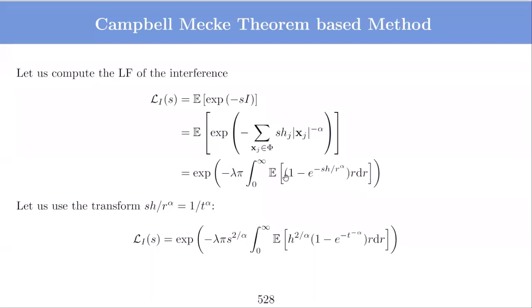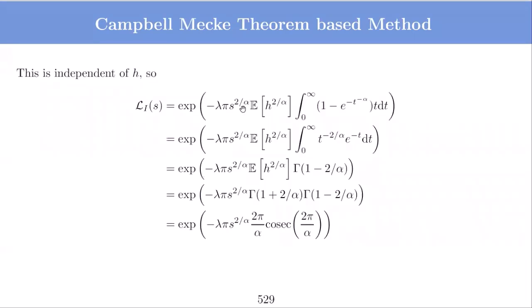There is an expectation with respect to the mark h in this, and we can solve this in the same way we have done in the past. You can first use the substitution s h divided by t to the power alpha, equal to 1 upon t by alpha. Once you do that, the h to the power 2 by alpha term will come outside, and the rest will be independent of h. Because this expectation is only with respect to h, this term will come outside the expectation.